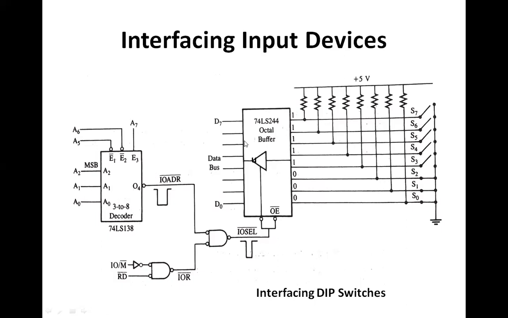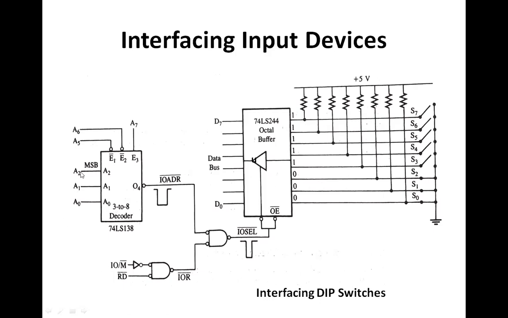So let us analyze what will be the IO address through which the select pulse is going to be generated. Let us analyze this particular circuit. We have A0, A1 and A2, which are the input lines of the 3 to 8 decoder.